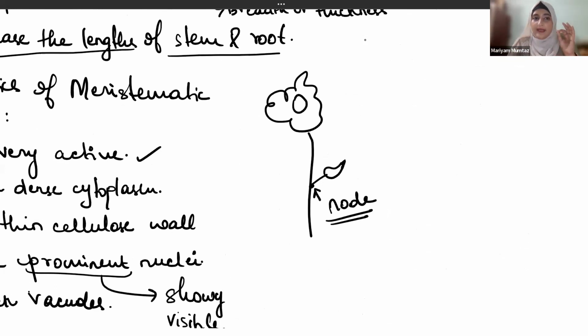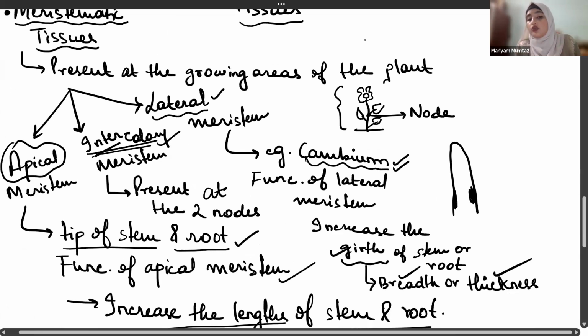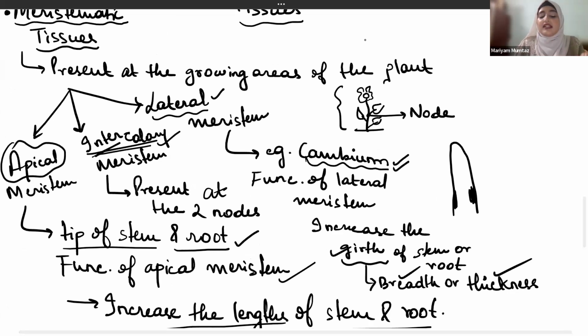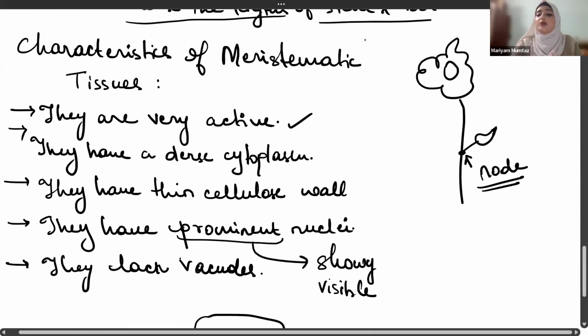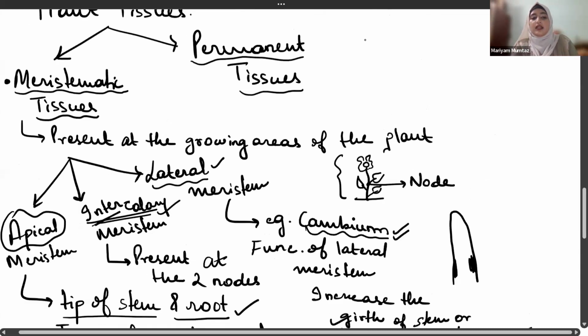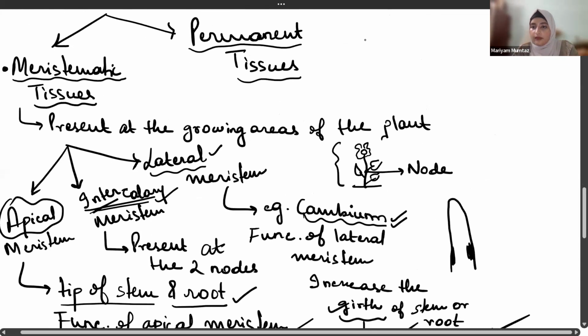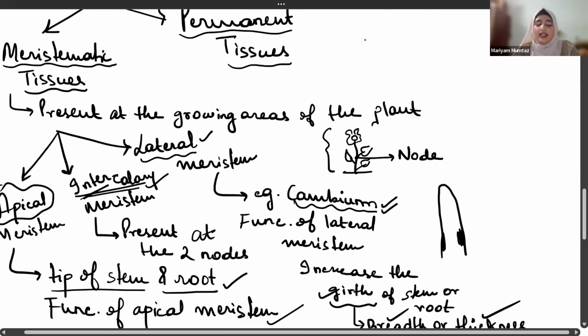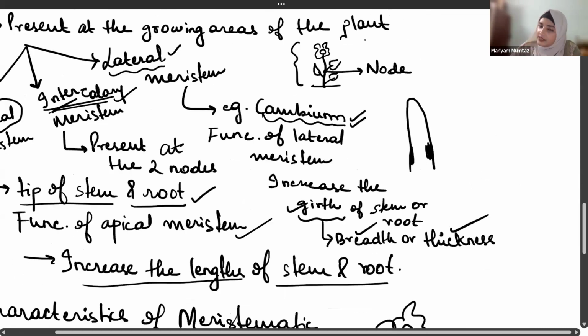We are talking about the meristem now. The meristem which is present at this position will be known as the intercalary meristem. Is it clear? Yes, ma'am. Now you get it? It is present at the node area.